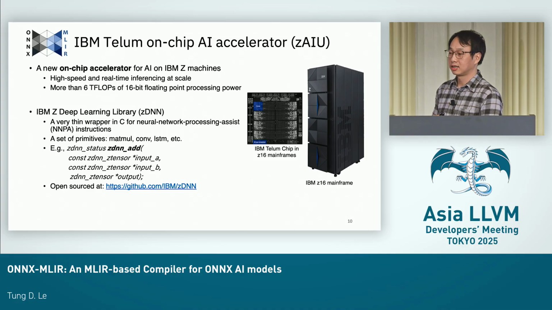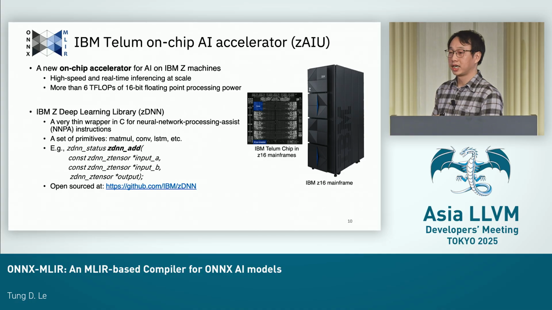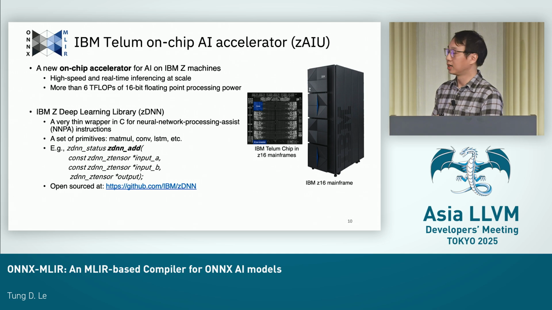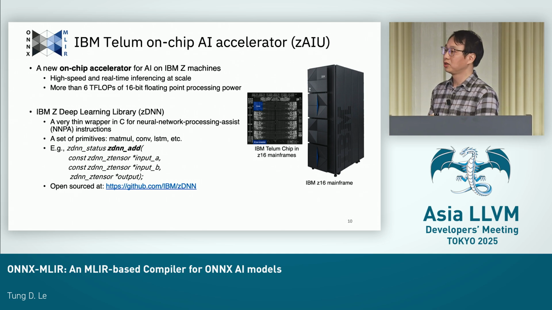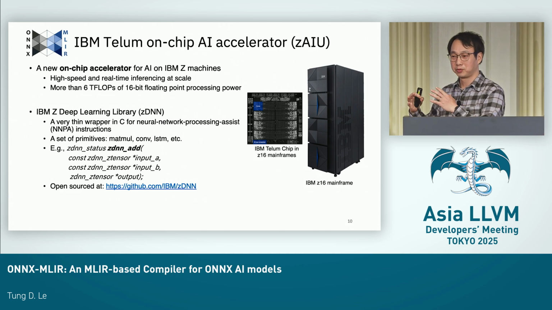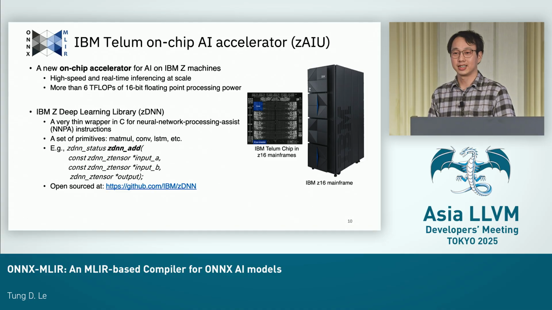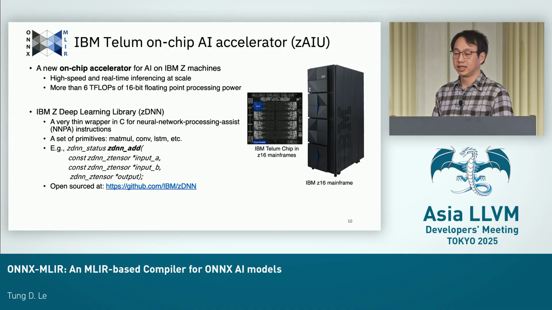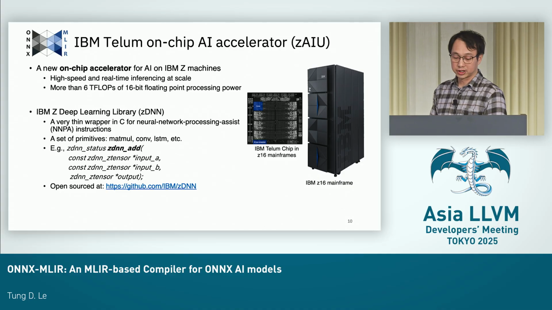This is a special layout so that we can get the best performance with the accelerator. So basically, the work of the compiler is how to prepare this zTensor and then call the zDNN function.